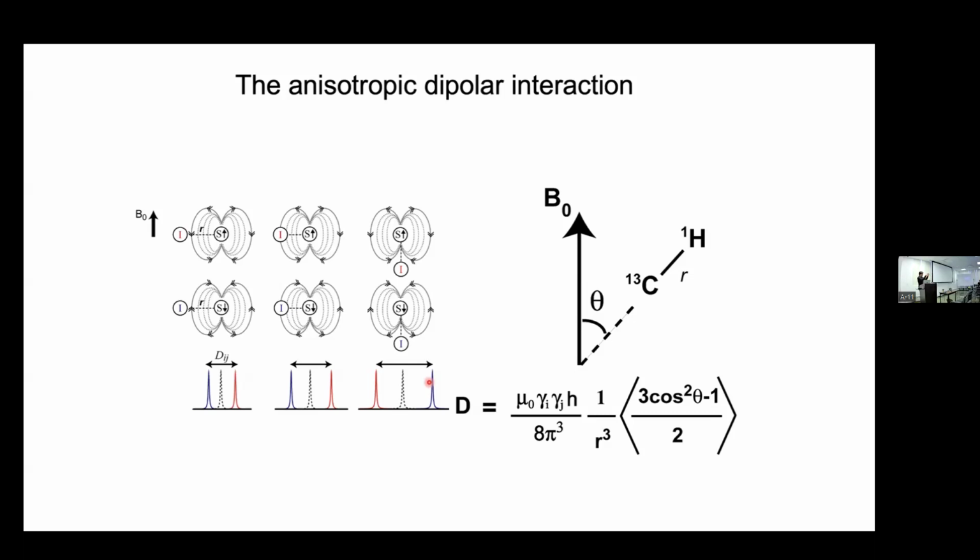The line width, right? Broad line, harder to determine the center. What's the phenomenon that determines the breadth of a line? Relaxation. T2. Of course you might care about T1 because of the recycling time of the experiment. So now who has a better T2? Nitrogen or carbon?